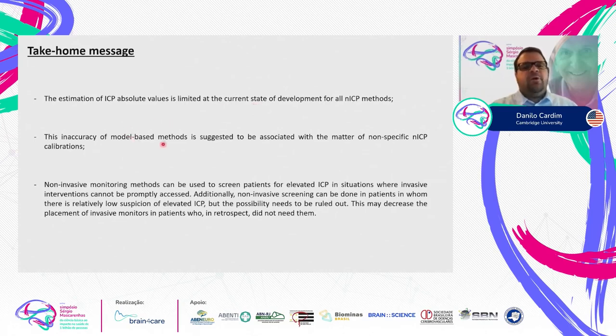And specifically for model-based methods, for example, that rely on waveform analysis, say, transcranial Doppler velocity, the inaccuracy of the methods in providing these absolute measures of pressure is suggested to be associated with the matter of non-specific, non-invasive ICP calibrations. Because, for example, when you try to establish a model of cerebral blood flow circulation that will produce a non-invasive ICP method, you need to rely on certain population cohorts.